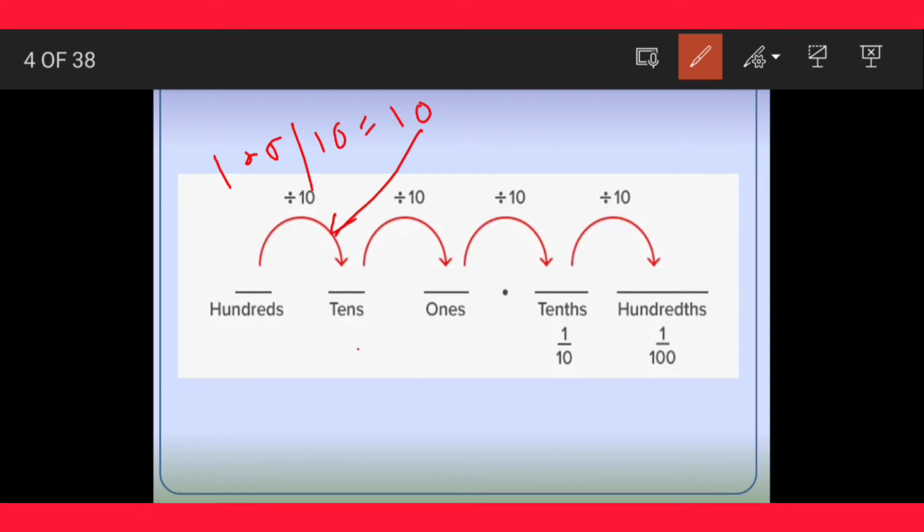Similarly here 10 divided by 10, again what will come? 1 will come.